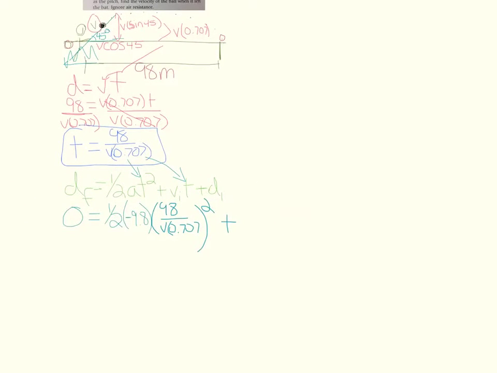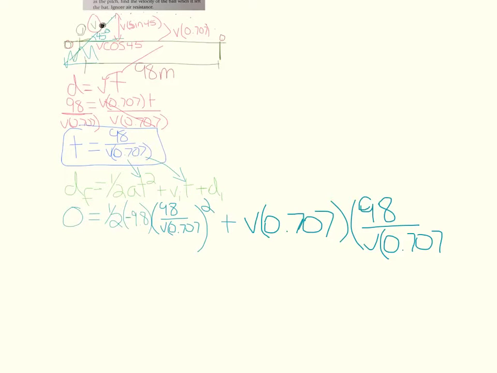So we go v times 0.707 times the time, which is 98 over v times 0.707.